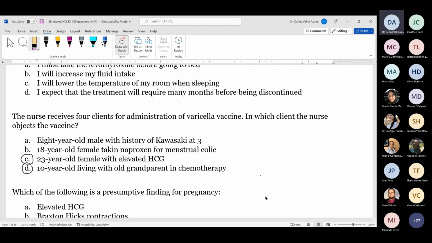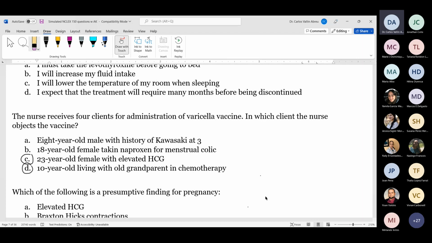You know that the live viral vaccines, I mean the MMR and the varicella, are given after 1 year of age, because before 1 year of age the baby has the antibodies against those viruses transferred by the mother before birth.